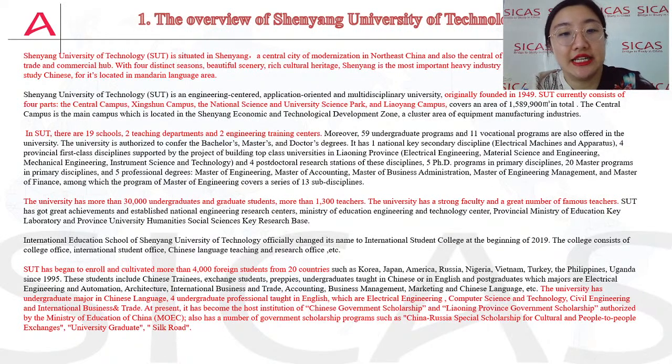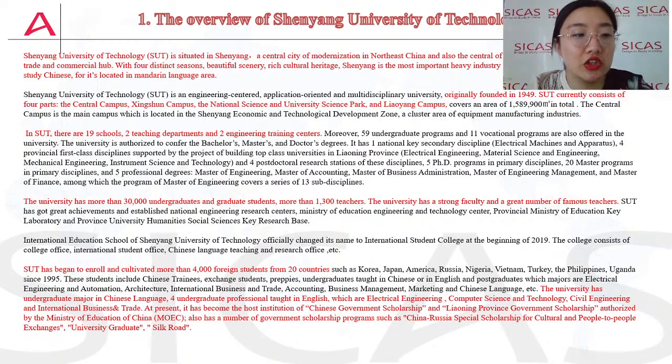The university has a strong faculty and a great number of famous teachers. It began to enroll and cultivate more than 4,000 foreigners from 20 countries such as Korea, Japan, America, Russia, Nigeria, Vietnam, Turkey, the Philippines, Uganda since 1995.